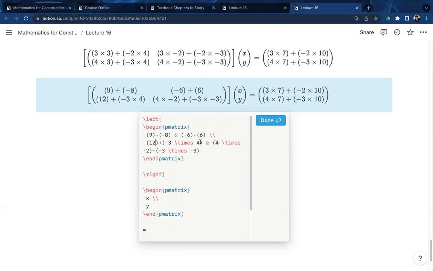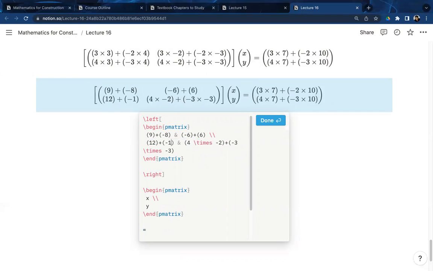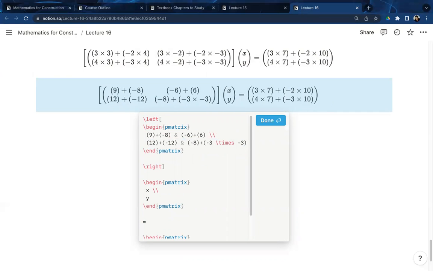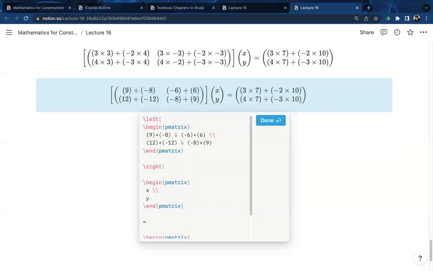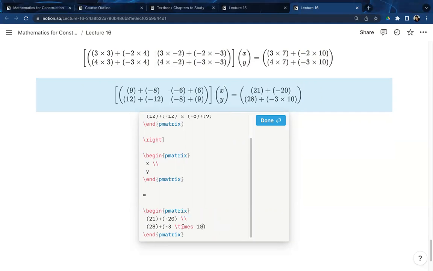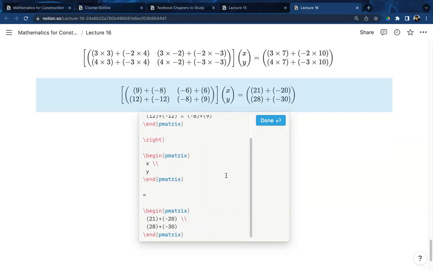It's 12. Minus 12. It's negative 8. This is 9. This is 21. Minus 20. So it's 28. Minus 30.